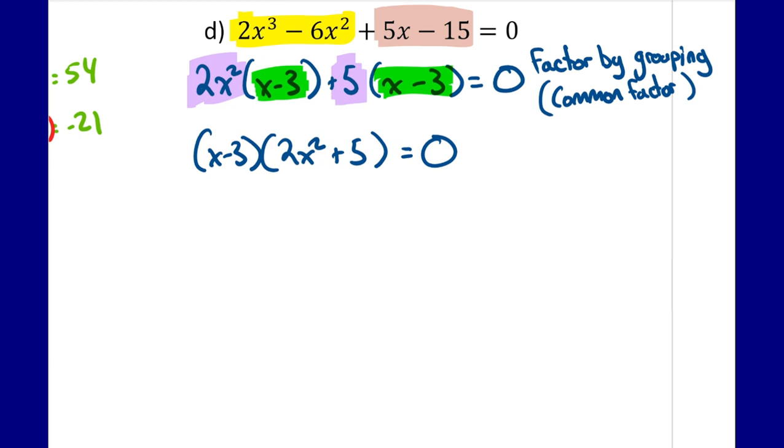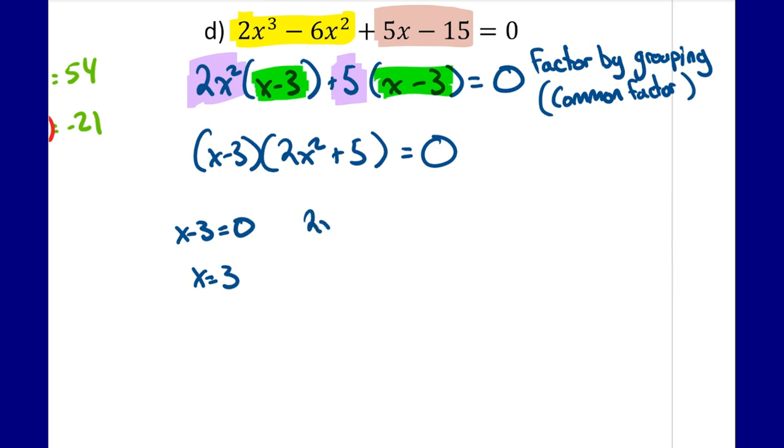What I can do now is set each of those brackets equal to 0, because again, it's one polynomial multiplied by another. In order for that to equal 0, either the first or the second bracket has to work out to 0. In the first one, x minus 3 equals 0, so x equals 3 because I moved the minus 3 over.